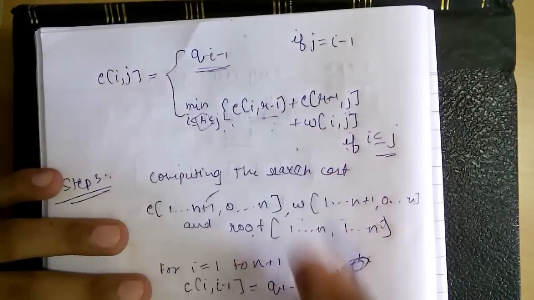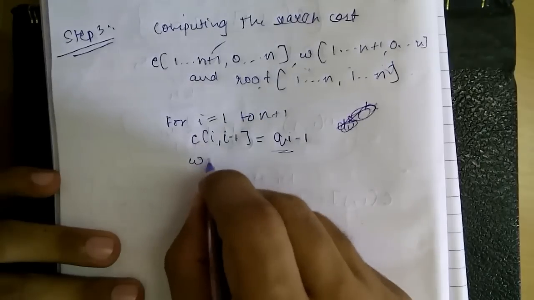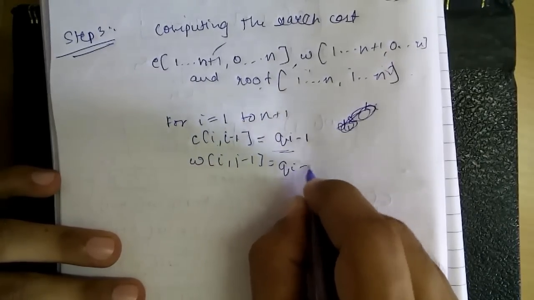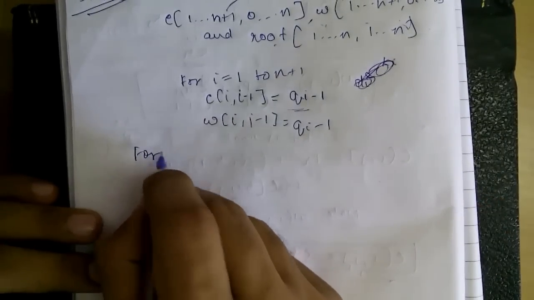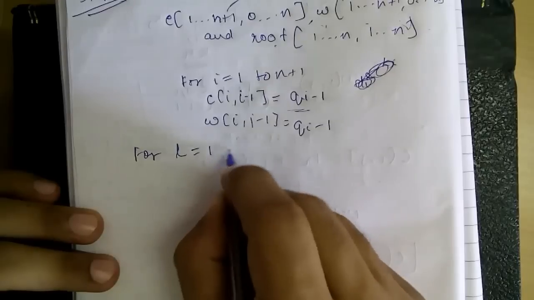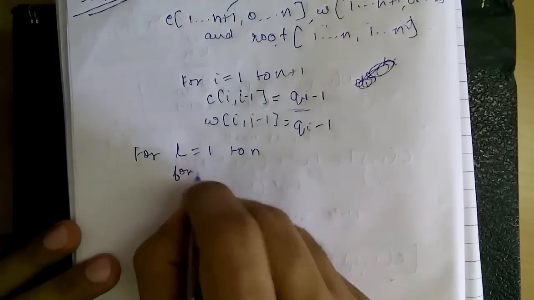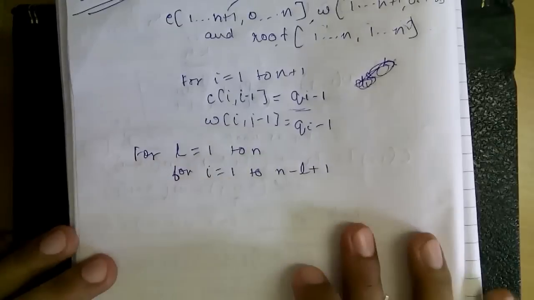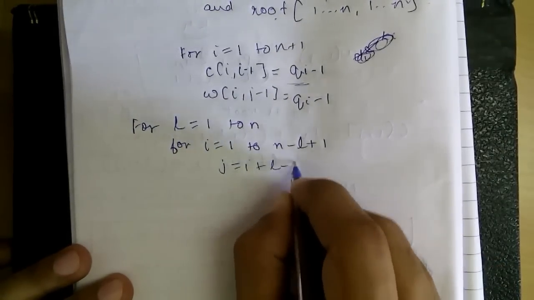So we will initialize all of them with this and also the sum of probabilities. Now we will run our actual loop for l equal to 1 to n. This loop is the same as we did with matrix multiplication. So for i equal to 1 to n minus l plus 1, j equal to i plus l minus 1.